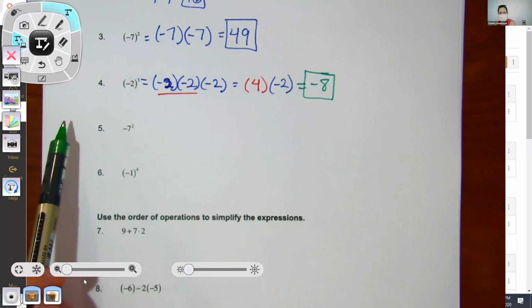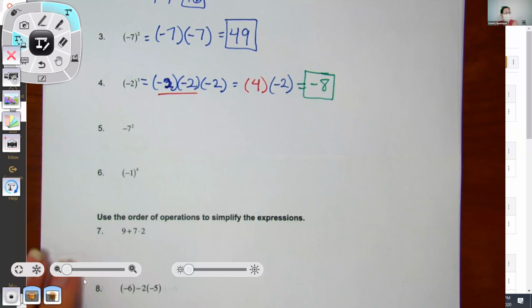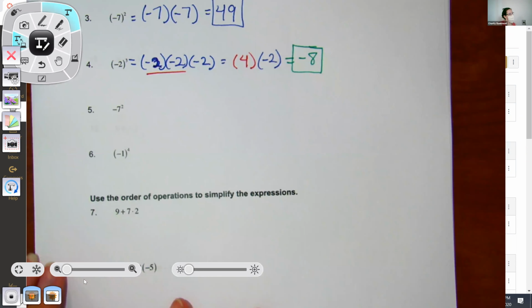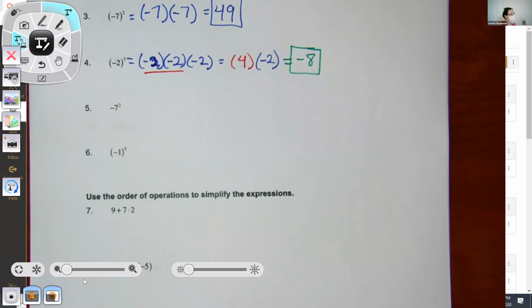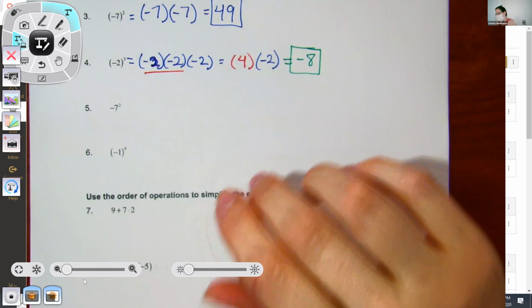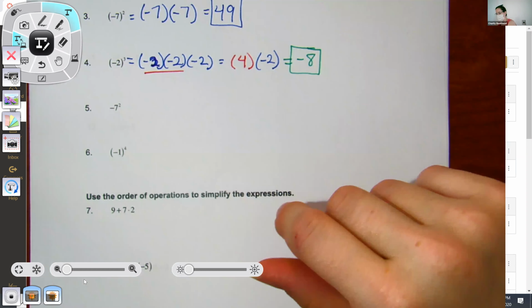Number 5 is a little bit tricky. It says negative 7 squared, but it doesn't have the parentheses around negative 7. That means the negative is not included in the base of the exponent. The negative is separate.